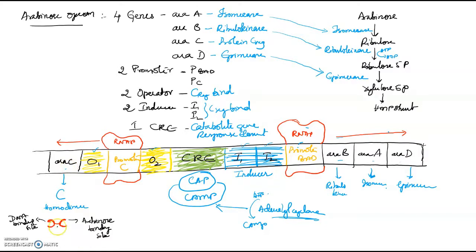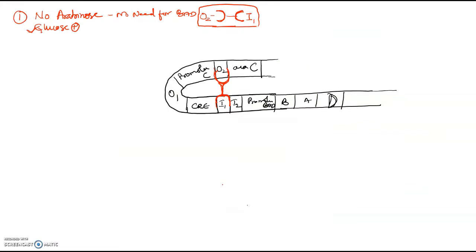Now this protein C, in absence of arabinose, will come and bind between these two regions. So when it binds to these regions, this whole DNA will turn on itself and it will become a hairpin bend.